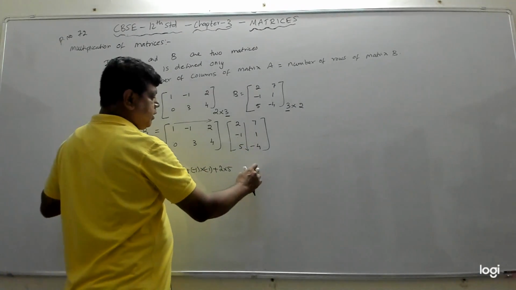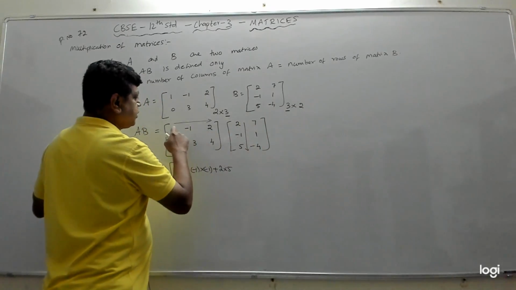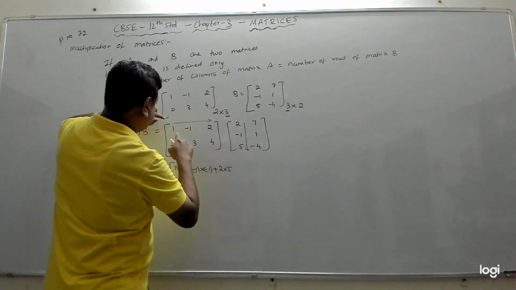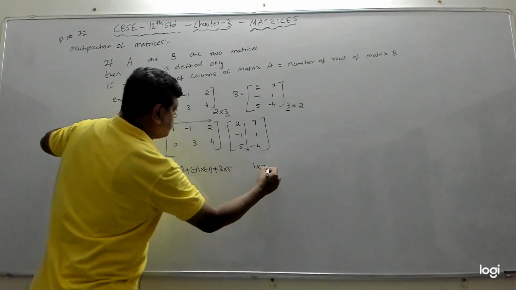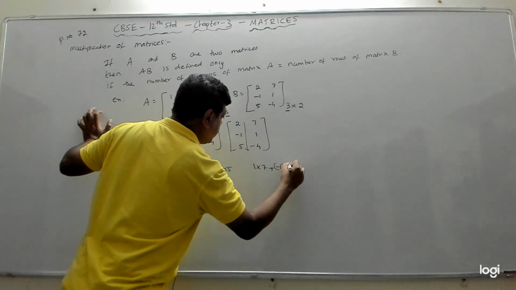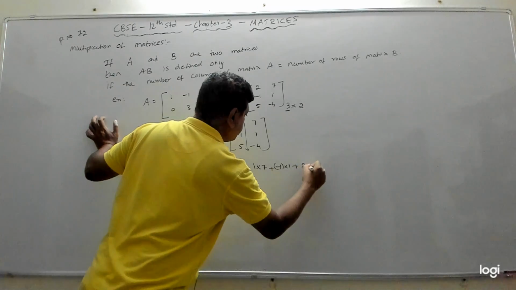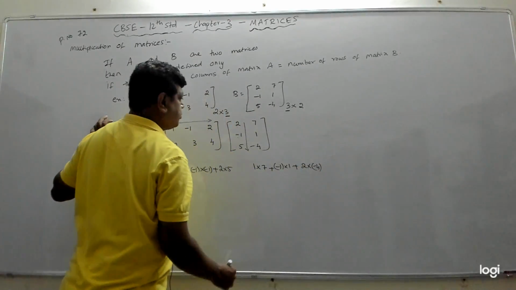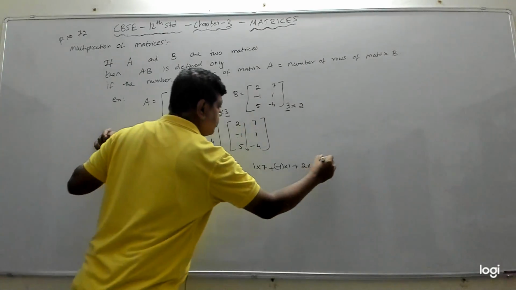Then for the second element, we should take the first row and second column. So 1 into 7 plus minus 1 into 1 plus 2 into minus 4. So the first row multiplied with the second column gives the second element.